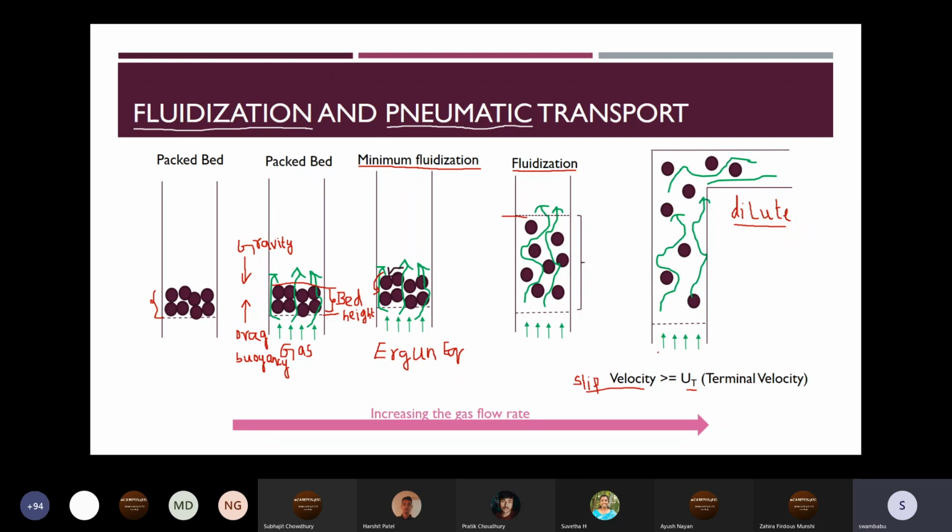But at this condition, if I further increase the gas velocity, the particles will attain a certain constant velocity with which they will move along with the fluid. Terminal velocity is nothing but a constant velocity attained by the particle.